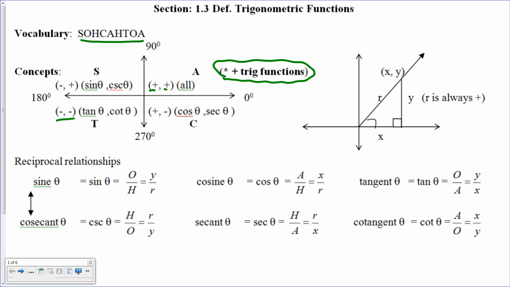This means just the tangent and cotangent are positive. And this means just the cosine and the secant are positive. That will mean more later on, but just know these letters, A, S, T, C, represent the positive trig functions in those particular quadrants. Also remember, you have quadrants 1, 2, 3, and 4.